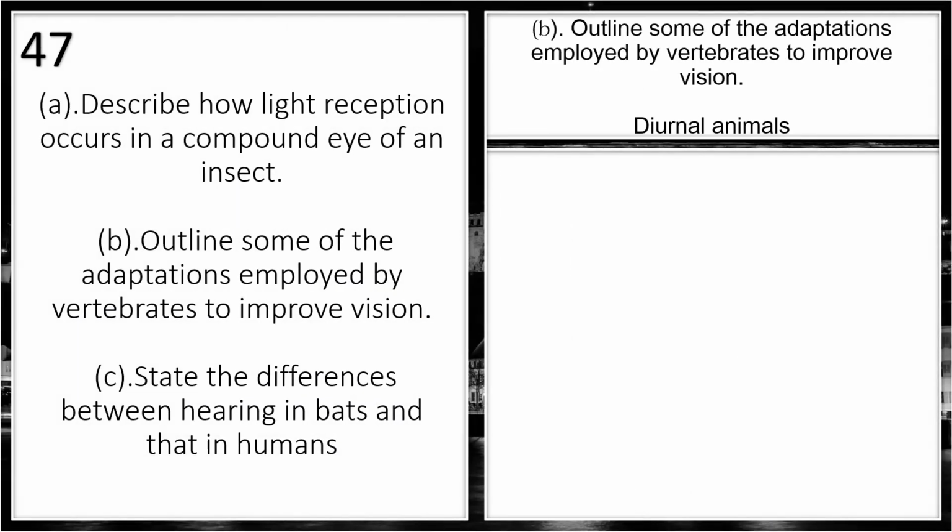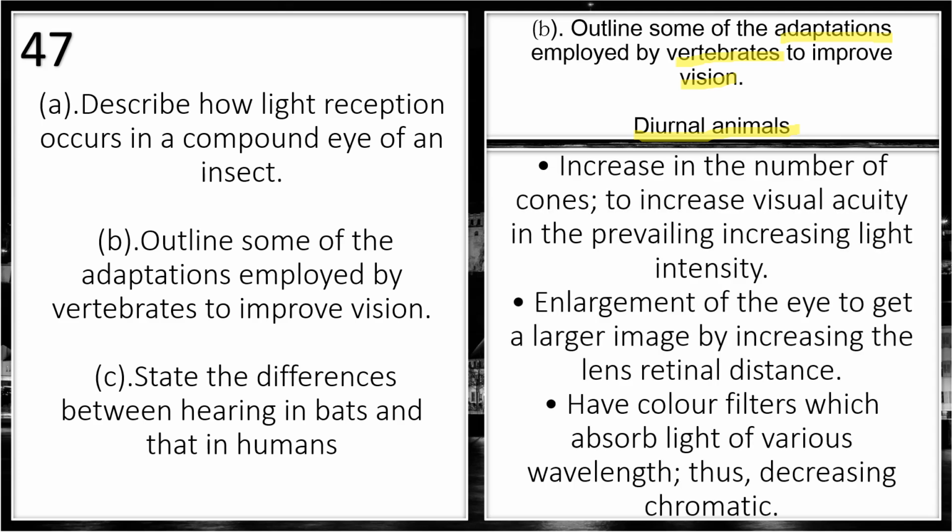Part B outlines some adaptations employed by vertebrates to improve vision. We shall start with the diurnal animals. Increase in the number of cones to increase visual acuity in the prevailing high light intensity.